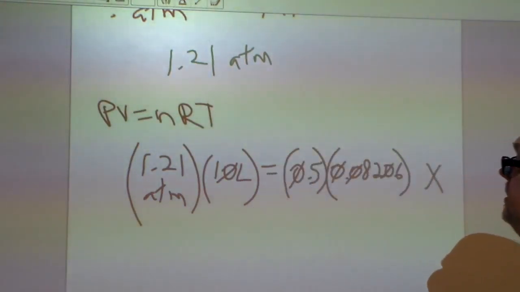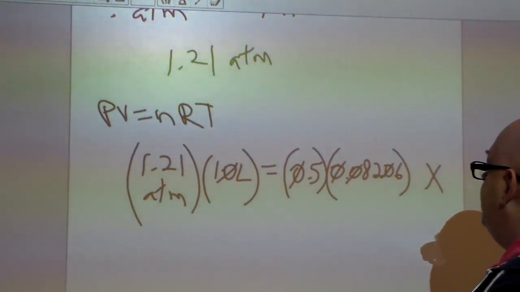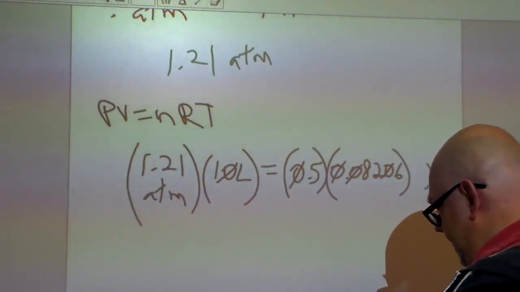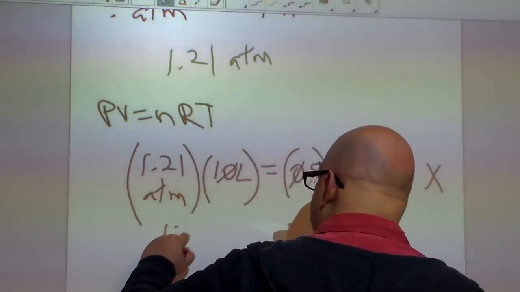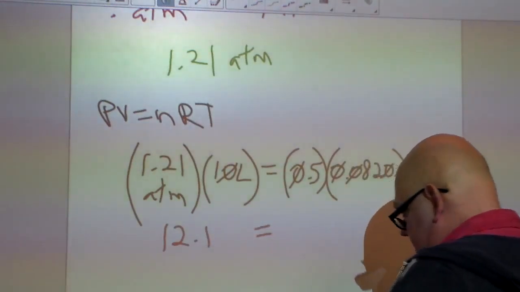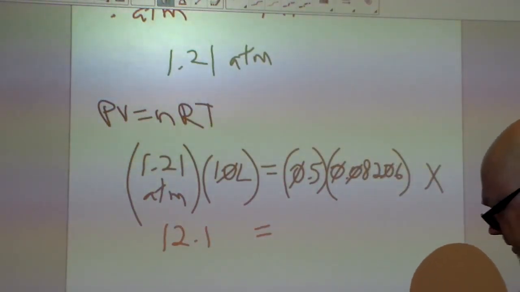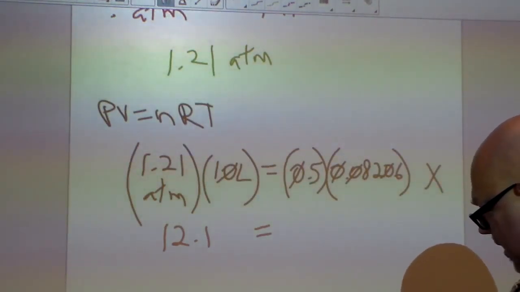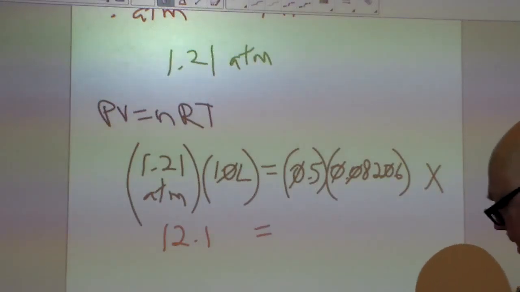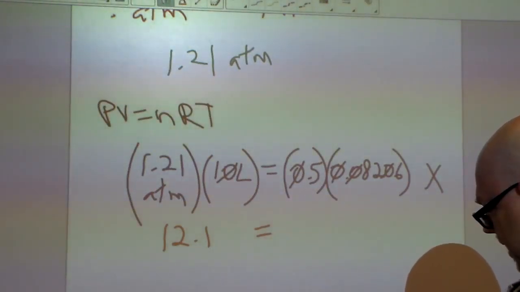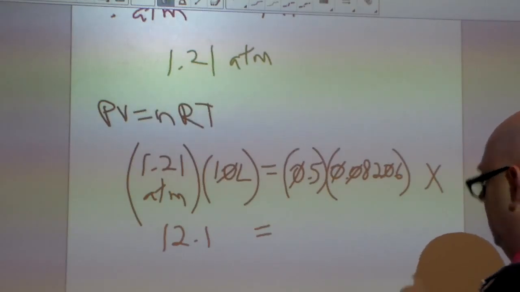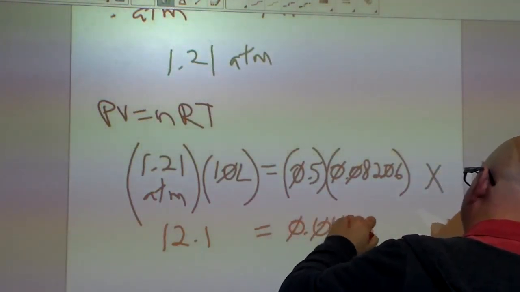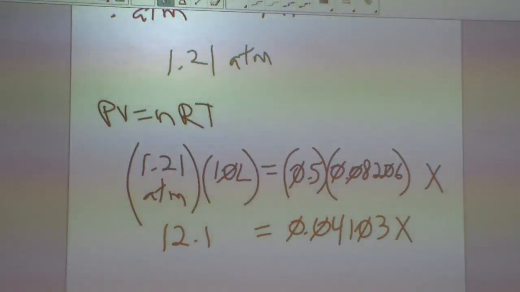All right, let's look at this. So I need 1.21 times 10 equals 12.1. Okay, so 12.1 is equal to, okay, 0.5 times 0.08206 equals, and that's going to equal 0.04103x.